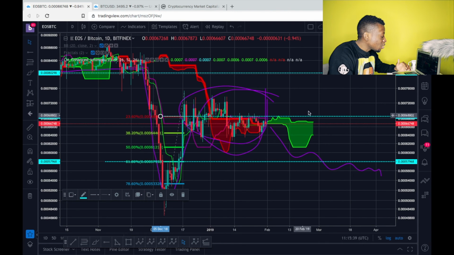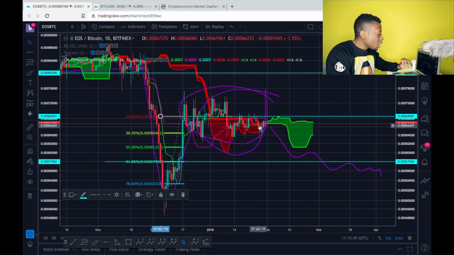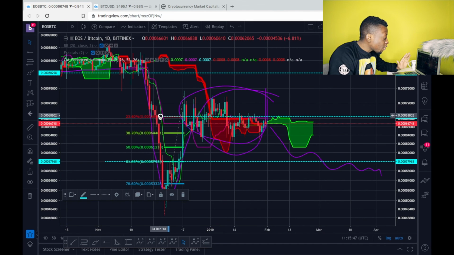We might just end up bouncing here. Depending on how the market goes, we are going to find the best shorting opportunity. We might end up going as high as 68,561 Satoshi as far as EOS is concerned.